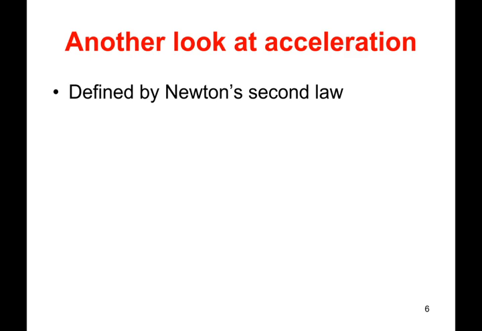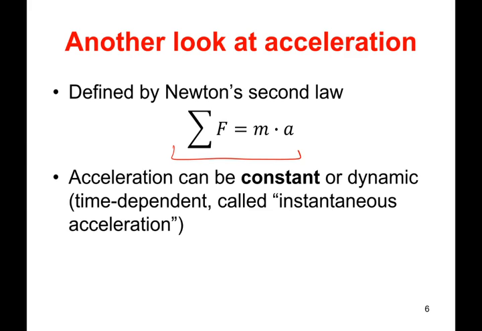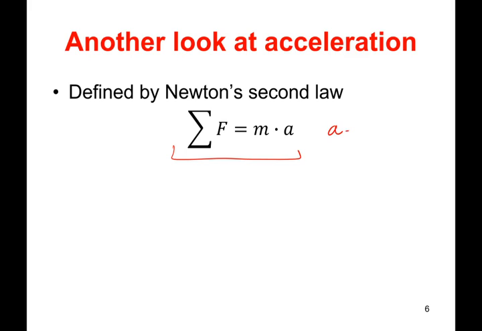So based on these definitions and based on Newton's second law, we can have another look at the acceleration, and we can define the acceleration by the second law. So this is going to be your main equation based on Newton's second law. We can define the acceleration to be a equals sigma F over m.